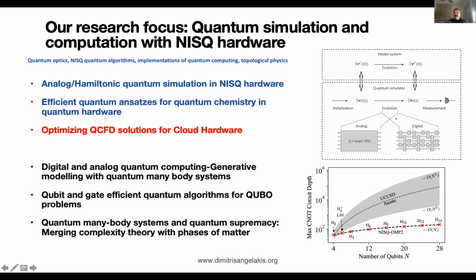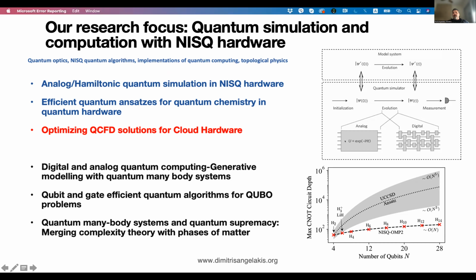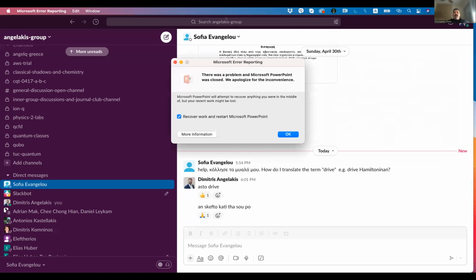This was known until now to do mostly condensed matter effects and strongly correlated physics from material science, but recently there have been some suggestions, including from ourselves, that you can actually do interesting things like machine learning, for example, generative modeling using these analog approaches.